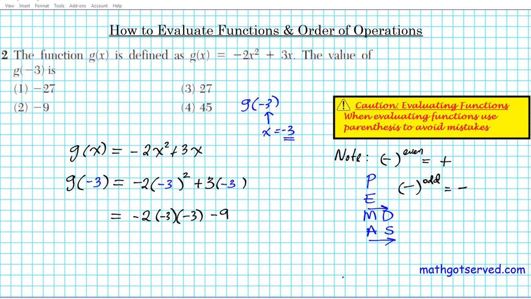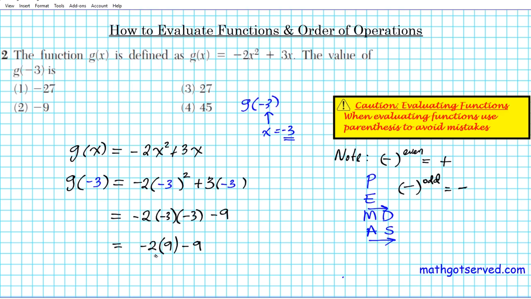Let's see. This becomes negative 2. Now let's multiply these two together, this minus and this minus. Minus 3 times minus 3 is going to be positive 9. So you can see clearly that negative 3 raised to the second power resulted in a positive result. Okay? And then we'll bring down this minus 9.